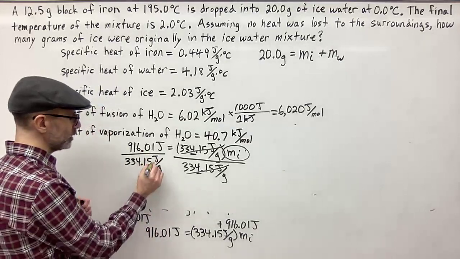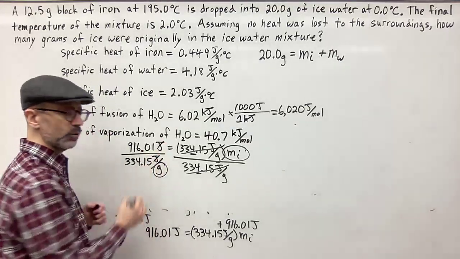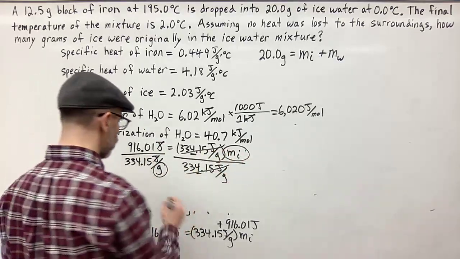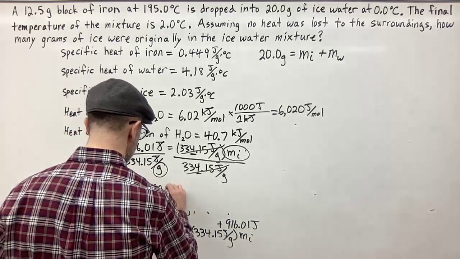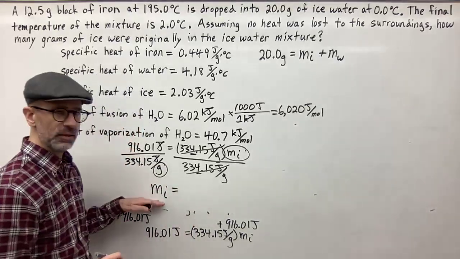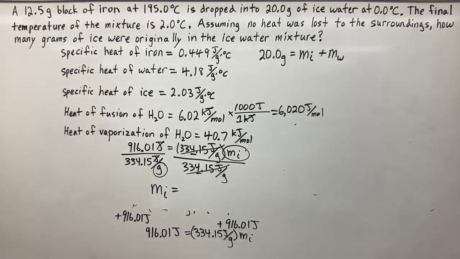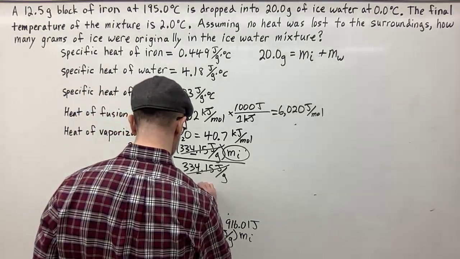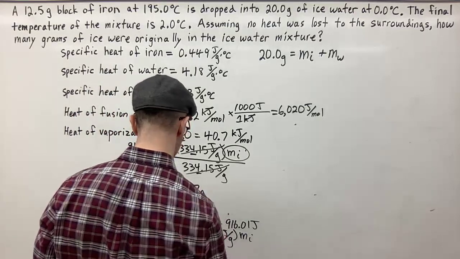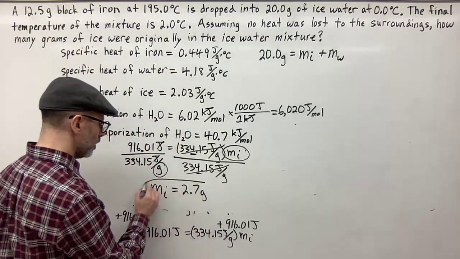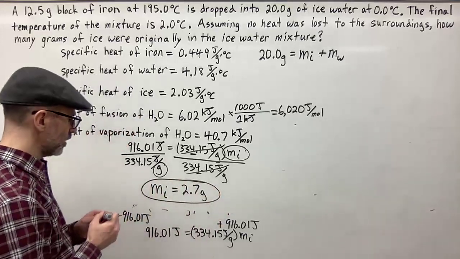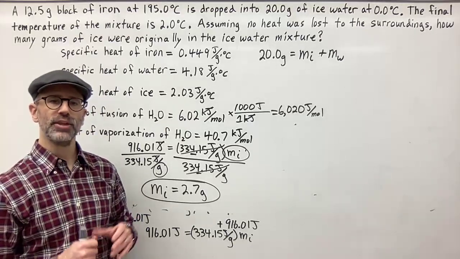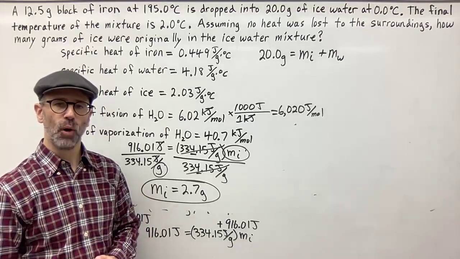And when I divide this, joules is going to cancel out, leaving me with grams, which is a mass unit, so that matches what I'm looking for. When I do the division, the mass of the ice ends up being 2.7 grams. That is the mass of the ice that was originally in my ice water before I put the block of iron into the water.